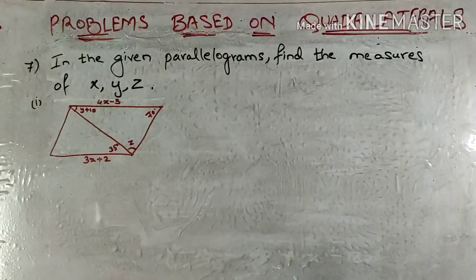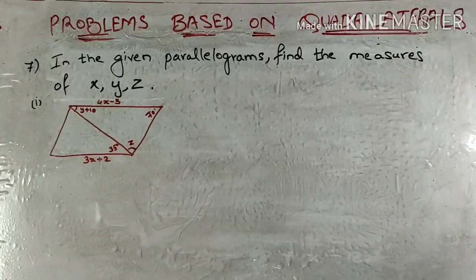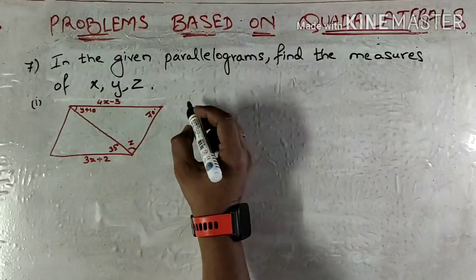Looking at the diagram itself, it gives me a hint that something is related to the opposite sides of the parallelogram. The property of the parallelogram relating to the opposite sides is that the opposite sides of a parallelogram are equal in measurement or length.